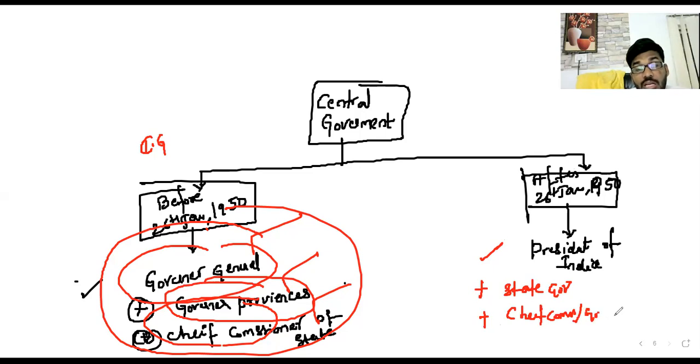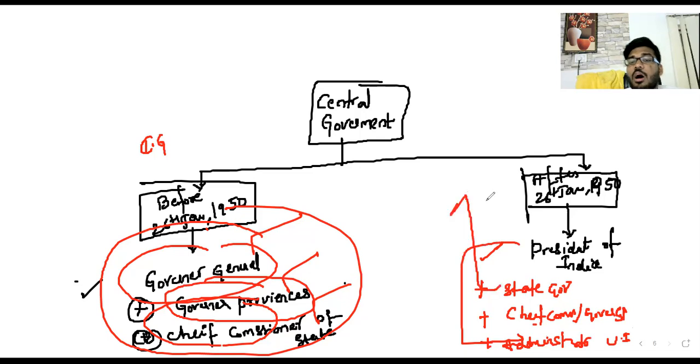We know about lieutenant governors, governor generals, and also administrator of union territories. So all this together is called central government after 26 January 1950.